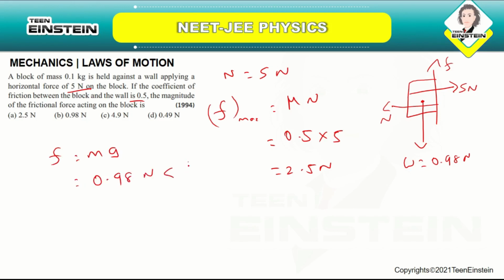So this is lesser than F max. So the magnitude of the frictional force acting on the block is 0.98 Newton. So the correct answer is option number B, 0.98 Newtons. Okay, let us now move on to the next question.